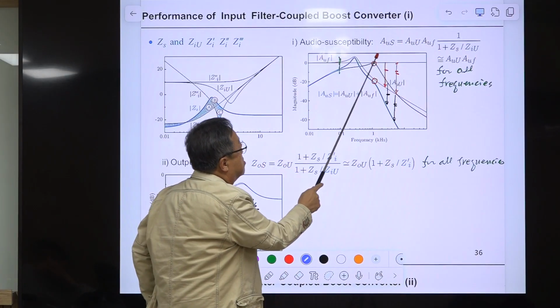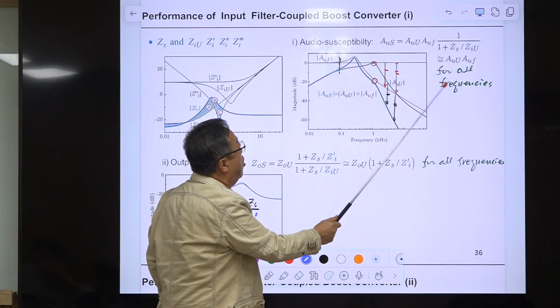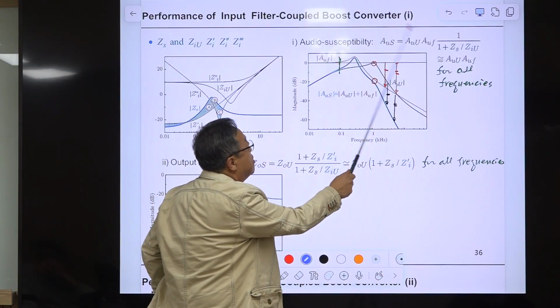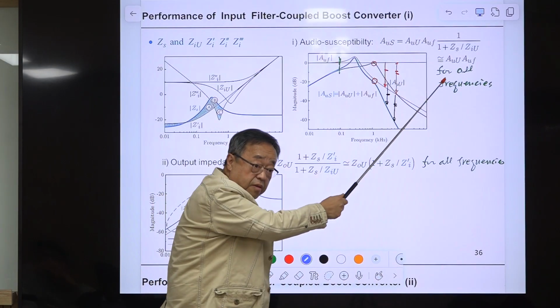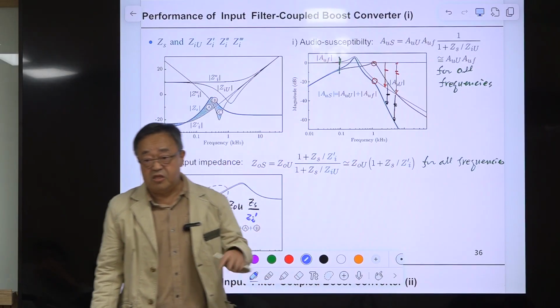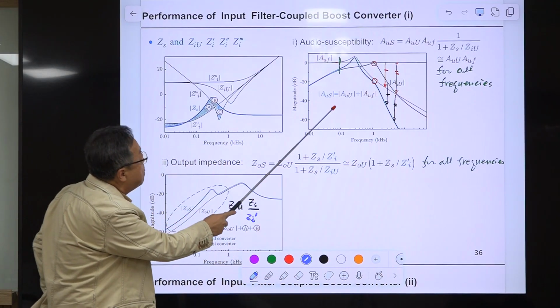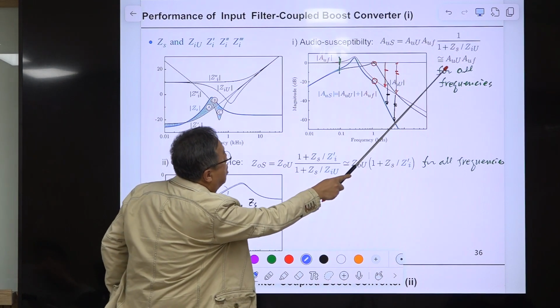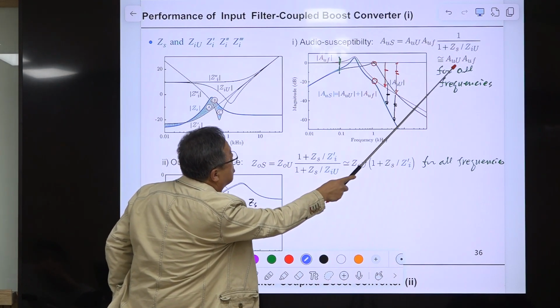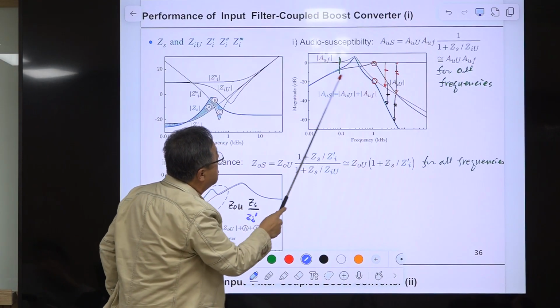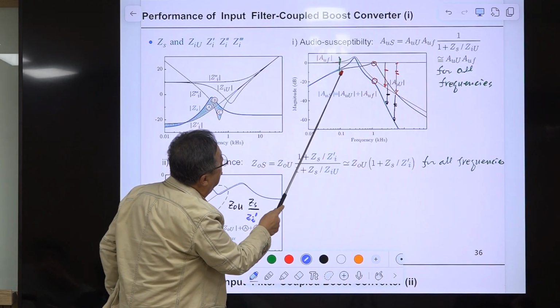Then the input-output transfer function of the filter stage combined with the converter is the multiplication of these, but in the log scale, this is a summation. So in here, this is AUU. Let me put this one first. AUU is the uncoupled input-output transfer function, the black curve.